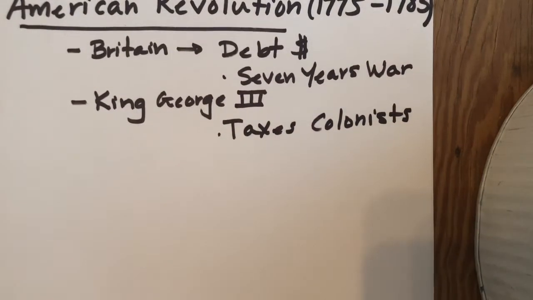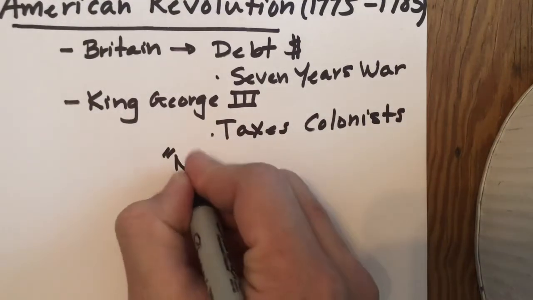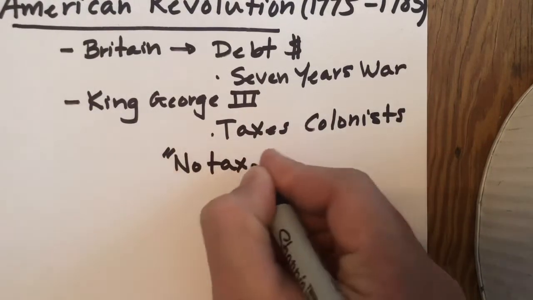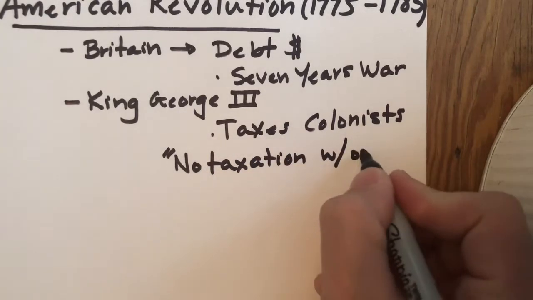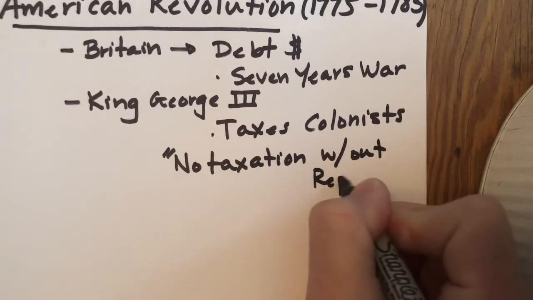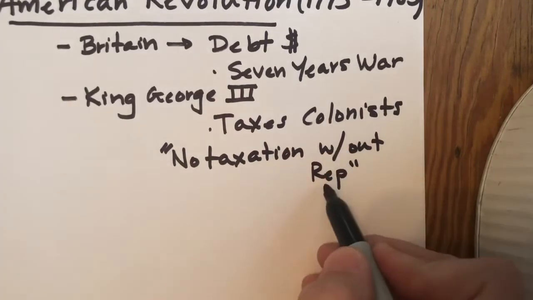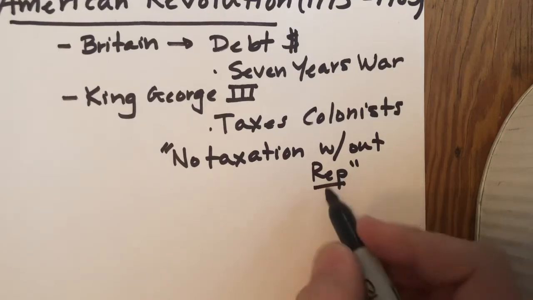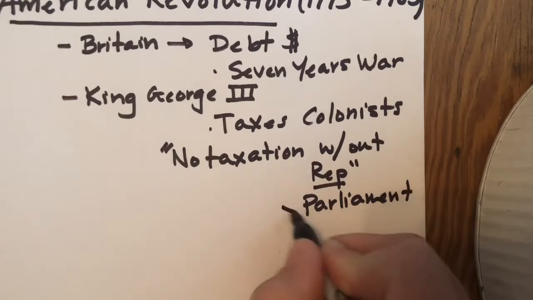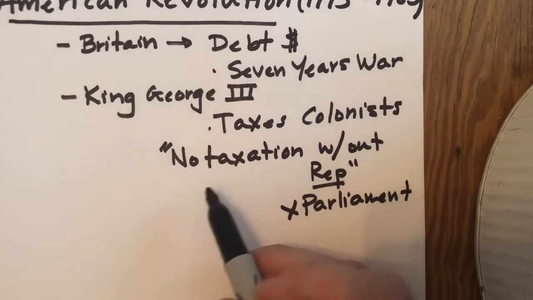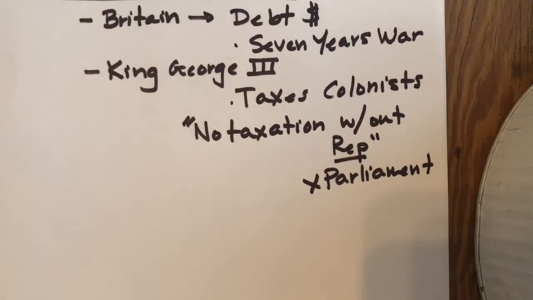And I know we've heard the phrase before, no taxation without representation. The major idea is that colonists were not being represented in Parliament. They were not being represented there, and these taxes were levied on them, and they thought that was unfair.